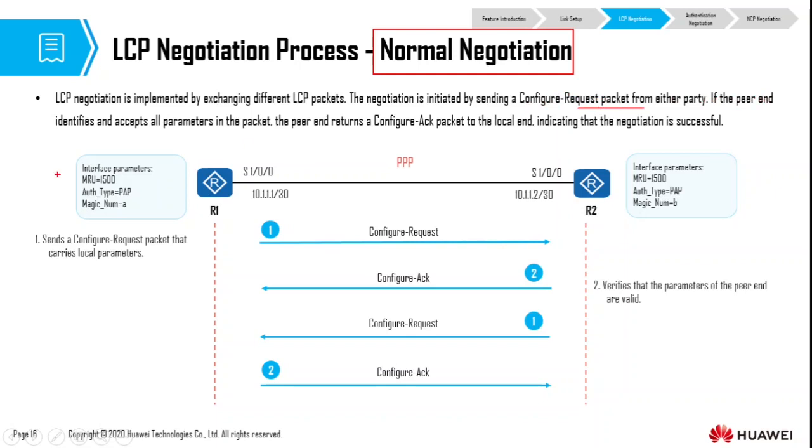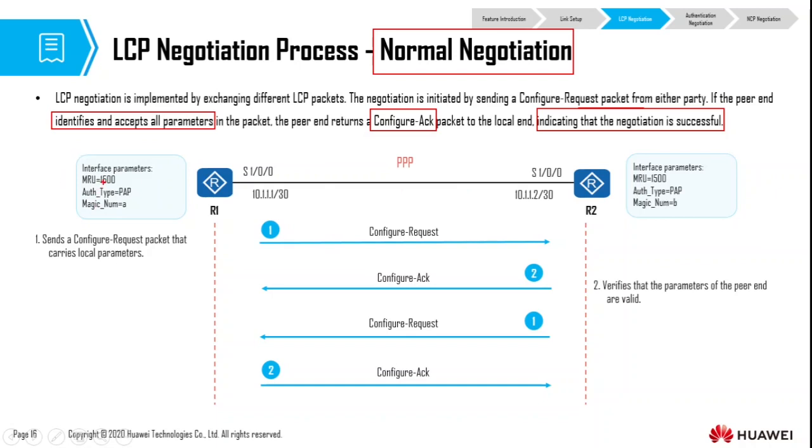Now, this is what is important: if the peer end identifies and accepts all the parameters in the packet, the peer end returns a configure ACK, a configure acknowledgement packet, to the local end, indicating the negotiation is successful.